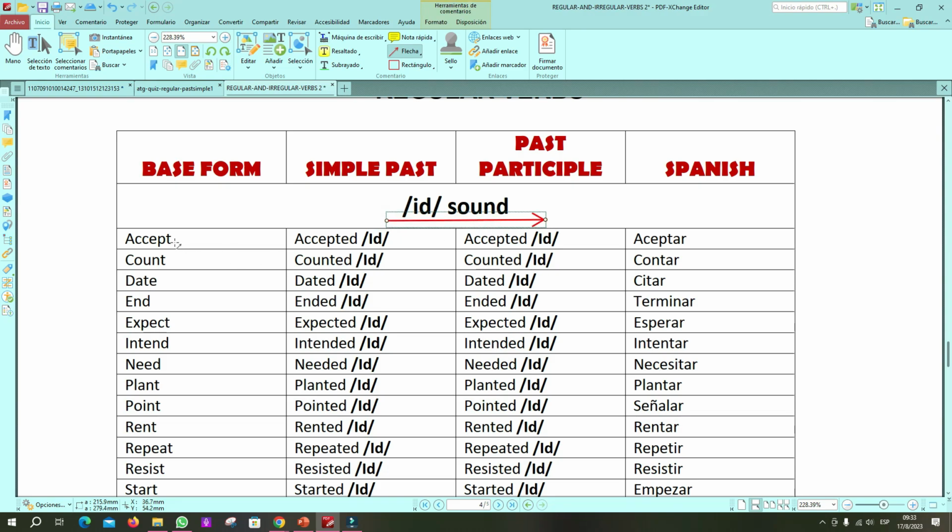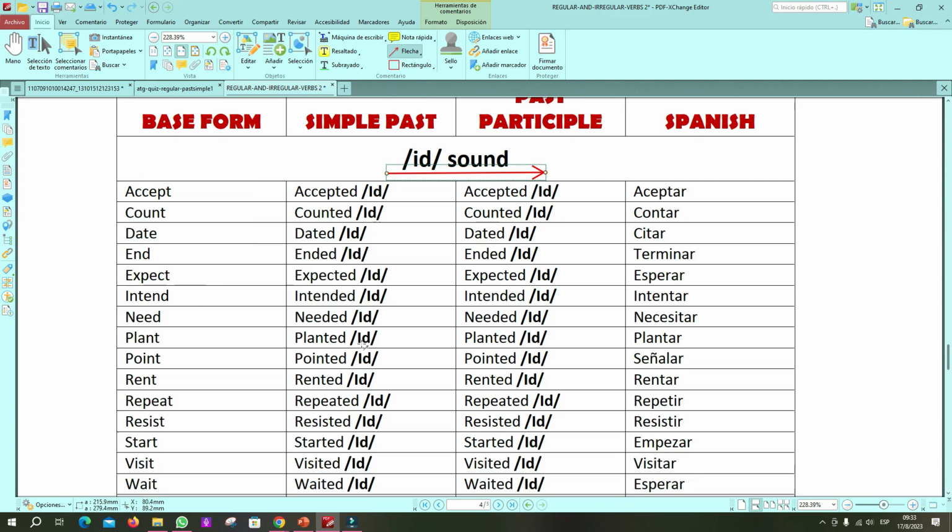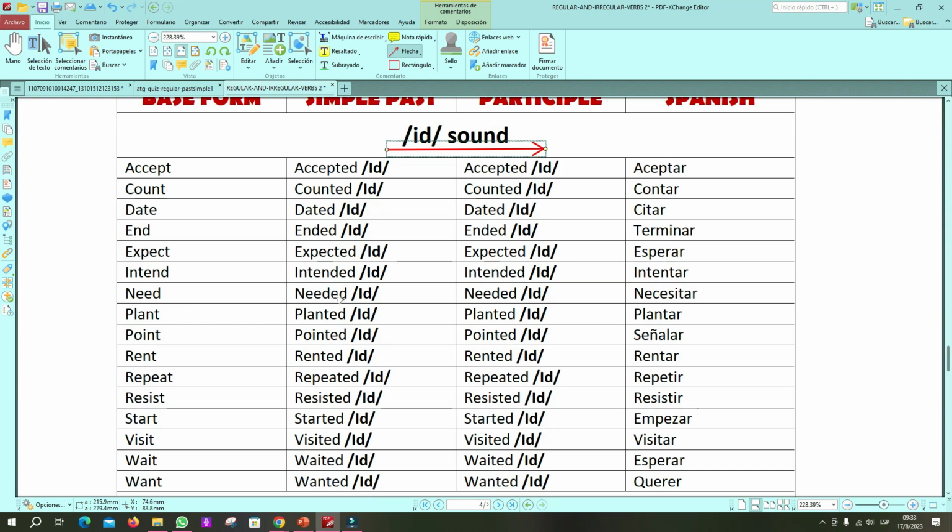For example, accept, accepted, count, counted, date, dated, end, ended, expect, expected, intend, intended, need, needed, plant, planted, point, pointed, for example, repeat, repeated, start, started, visit, visited, right?